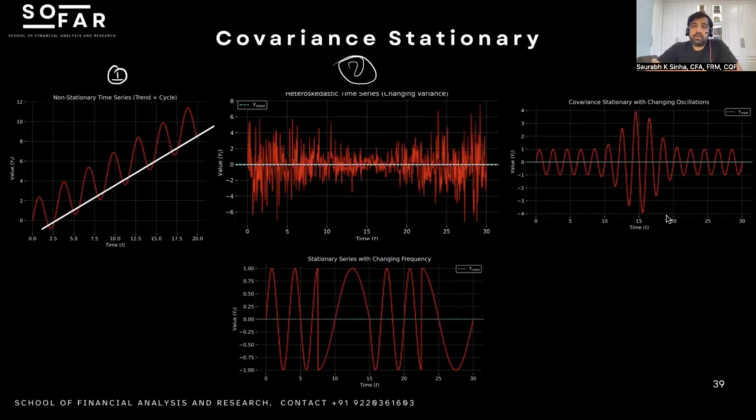The mean is stable and finite. What is the problem? What is not stable? Correct. The variance is not stable. You can see it is decreasing, it is increasing. The variance is not stable. What about the third image? What is the problem? The mean is stable and finite.